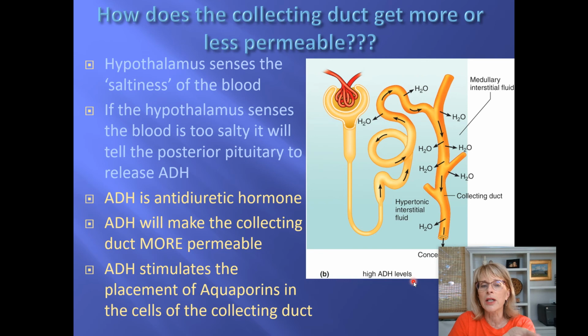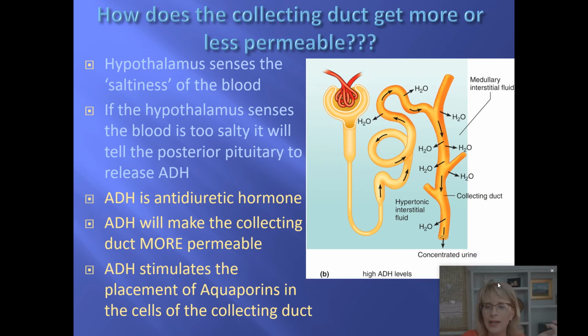High levels of anti-diuretic hormone, lots of aquaporins, water can stay behind. Water stays behind because of osmosis. When the water stays behind, the urine that is made is very concentrated. It is hypertonic, and because it's hypertonic, there's a small amount and it looks very amber, as they're indicating here.